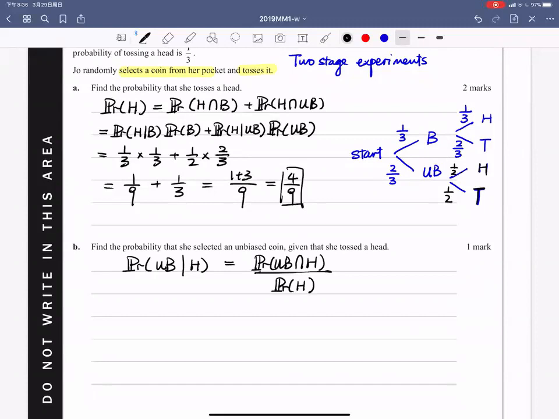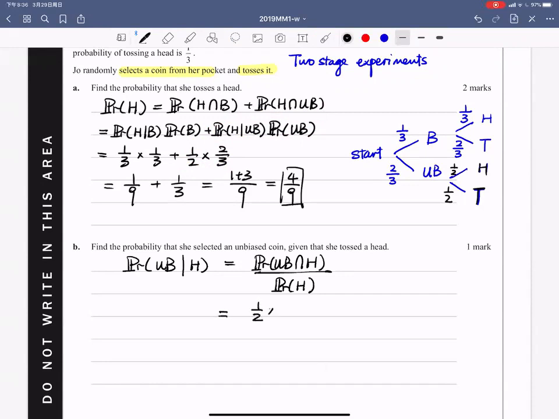What is my UB intersecting H? What is the probability of that? Look at the previous working we have done. Unbiased, this guy here comes from here. So I'm just writing these down.